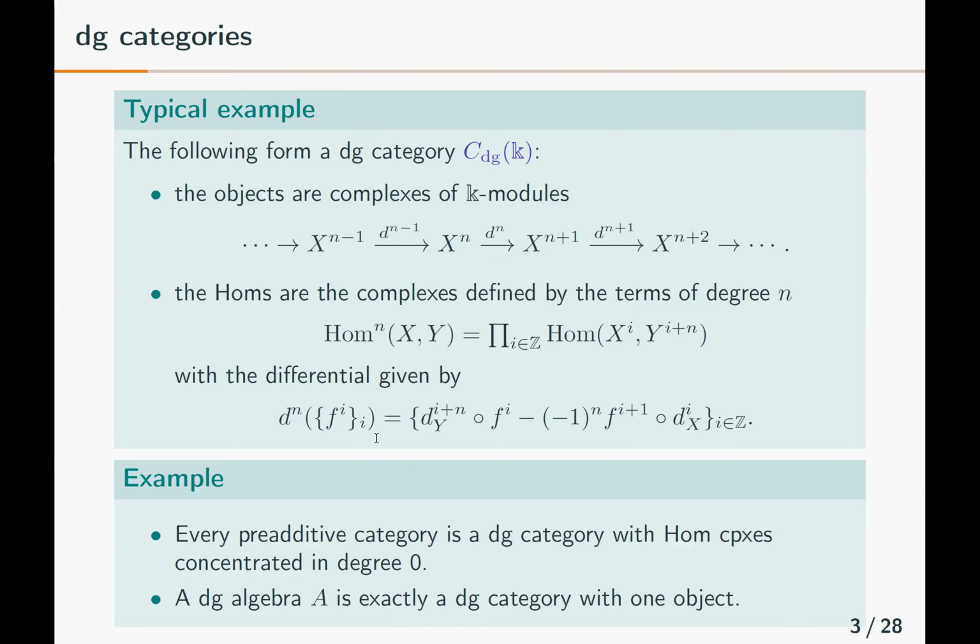This DG category will be denoted by C_dg(K) in this talk. Other examples include pre-additive categories, since their hom abelian groups can be regarded as complexes concentrated in degree zero. Also, a DG algebra is nothing but a DG category with a single object.